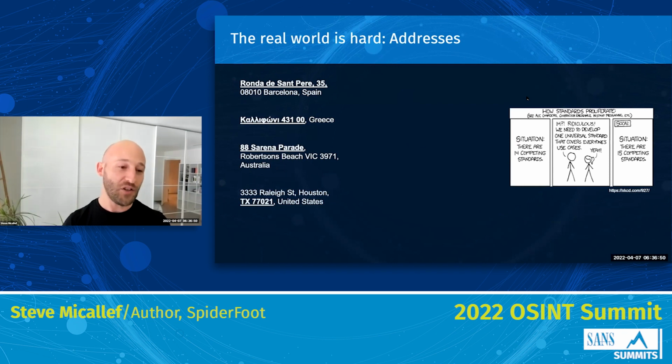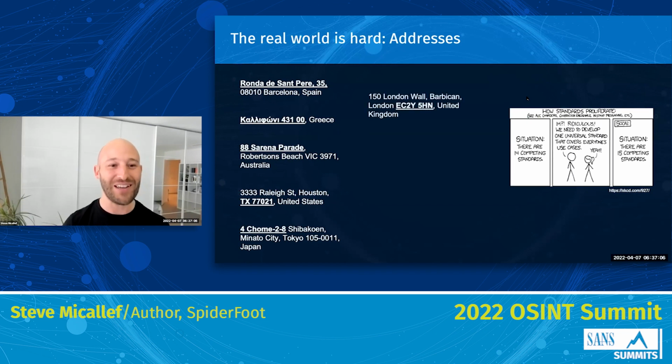Then you have the United States, where you typically have a state code followed by a postcode. You have Japan, where again it looks different. You have maybe a number, then a street name with some numbers, and then it gets even more complicated. You have London, which has a different postcode format.